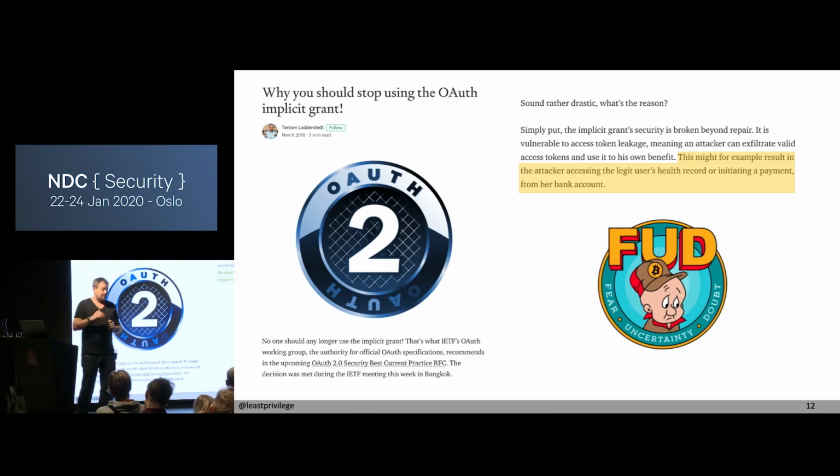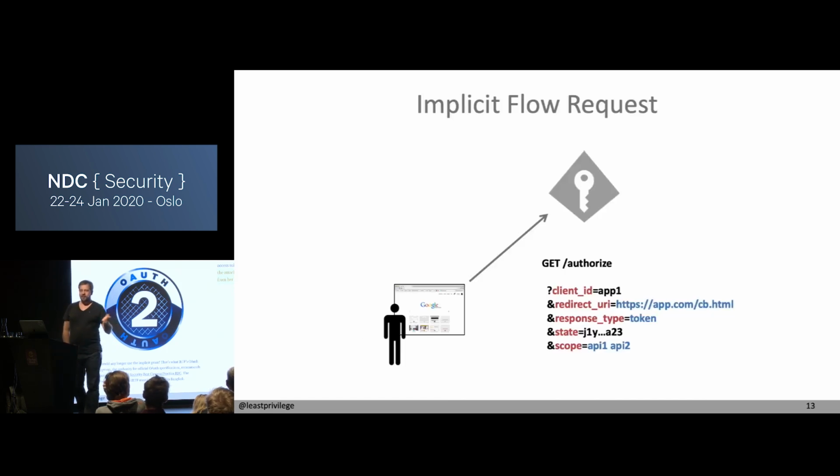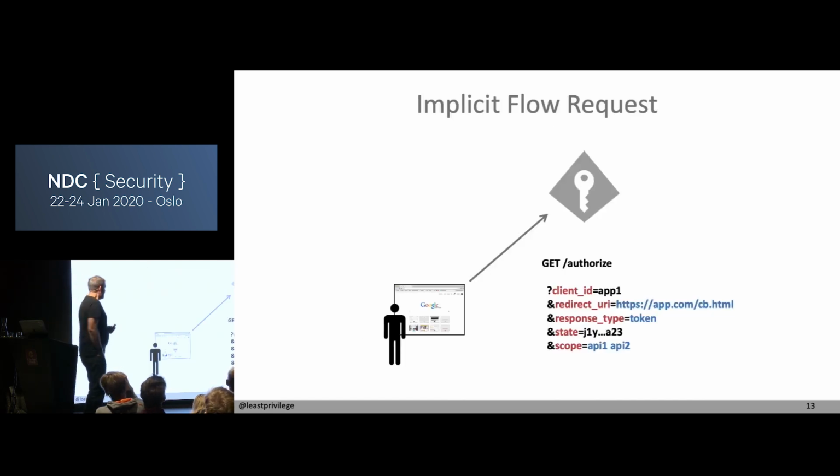The problem is many companies don't write the right code, and the real problem with implicit flow is it's error prone. Okay? So just to recap, what's the implicit flow? The implicit flow was invented to give JavaScript-based applications an easy way to request tokens from an authorization server, given that cross-origin AJAX calls did not exist by the time. In 2012, there were no cross-origin AJAX calls, so they had to find something that purely works on URLs, right?